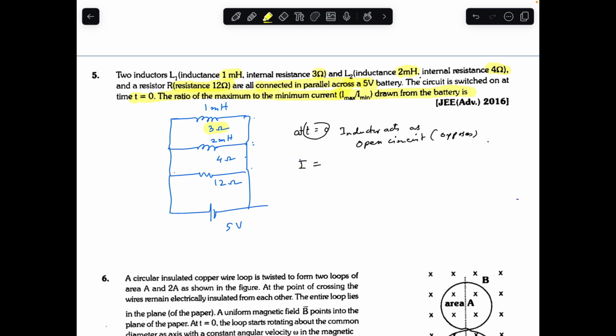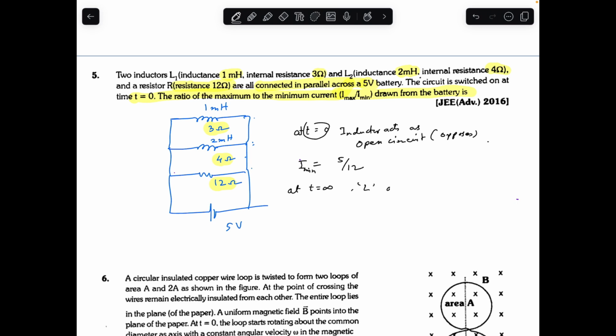Why? See, resistances 3, 4, 12: if they are connected in parallel, definitely resistance is going to decrease. Now if I remove 3 and 4, only 12 remains. So initially it will give I minimum because inductors will oppose. So I minimum will be 5 by 12.